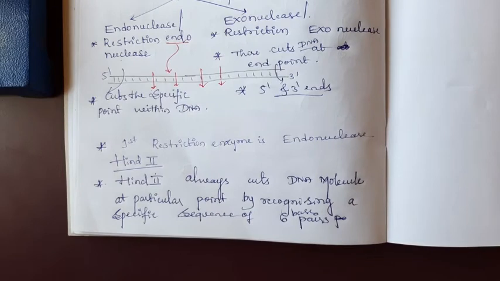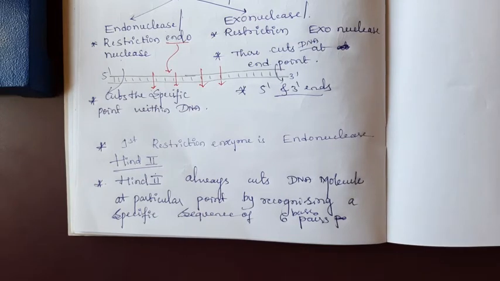Nuclease is an enzyme which cuts a particular sequence of nucleic acid. It may be RNA or DNA. RENs are again divided into two types: restriction endonuclease enzymes and restriction exonuclease enzymes. Restriction endonuclease, as the name itself says, cuts the DNA within the DNA at a specific point.